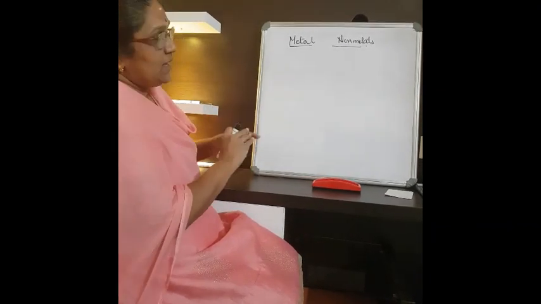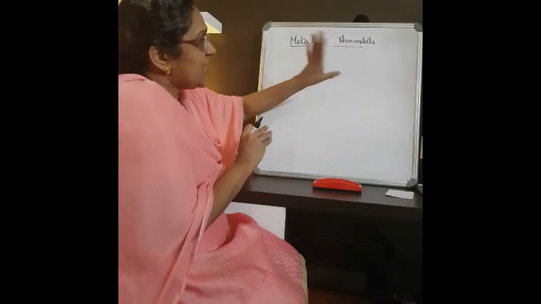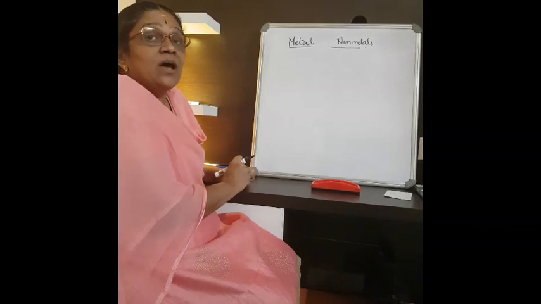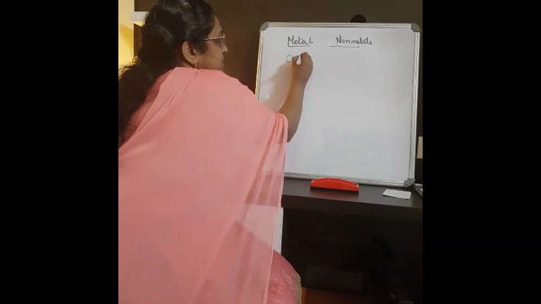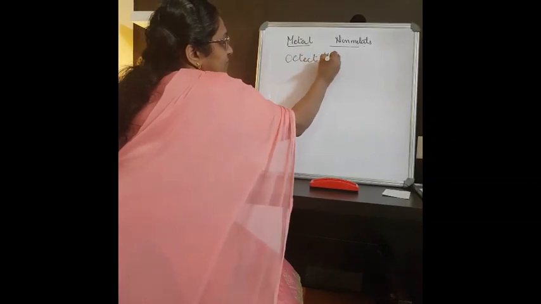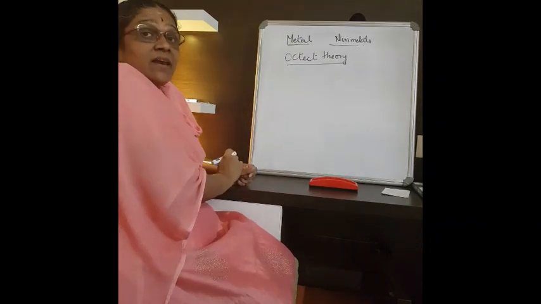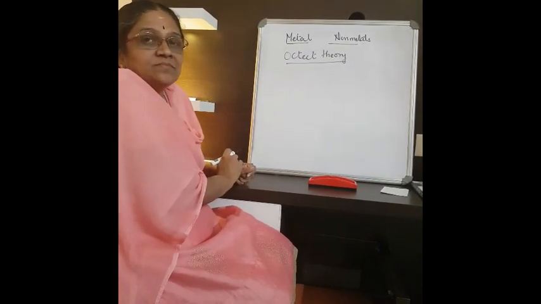So why is this not reacting? Whether metals or non-metals react, the reactivity depends on the octet theory. What is the octet theory? Recalling the 9th standard, you studied about valency, isn't it?